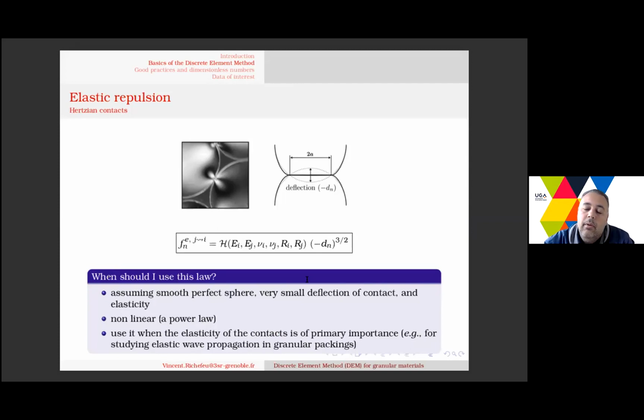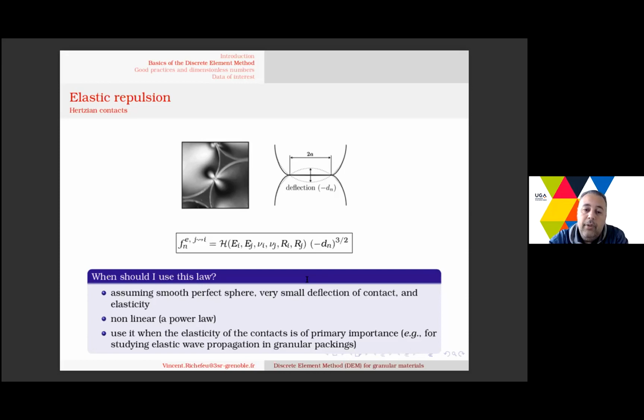In this law, some assumptions have been made. So we make assumptions on the shape of the particle. For instance, we can say they are disks, but they are perfectly smooth. The particles are elastic. And so there are some assumptions like this. And with these assumptions, it is possible to derive what the force will be.